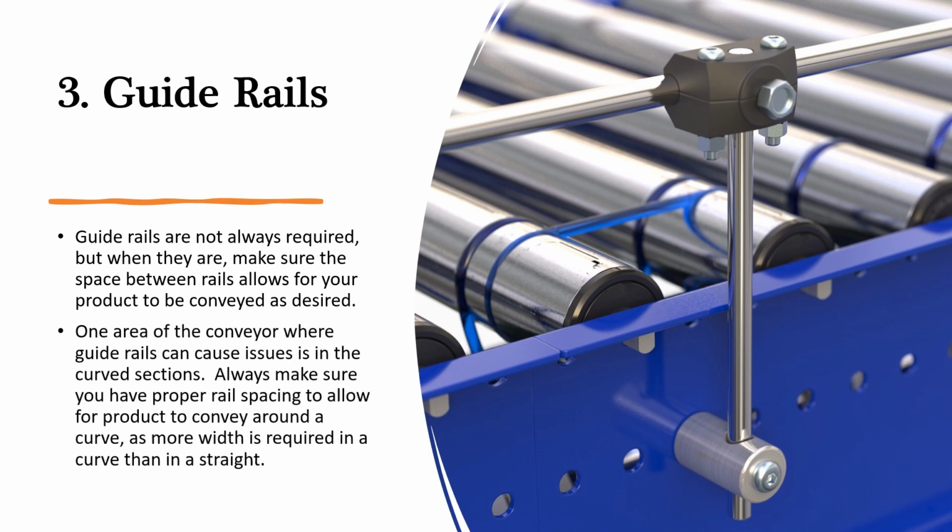While having guide rails, we should know the direction of our conveyor, whether it is straight, going in some curve shape, or having some 90-degree bends, because the guide rail can cause some problems if we have curves in our conveyor line. So that's how we should think about the guide rails.